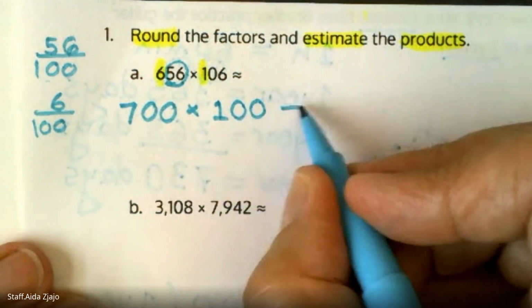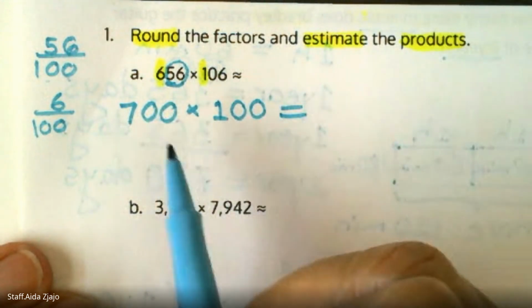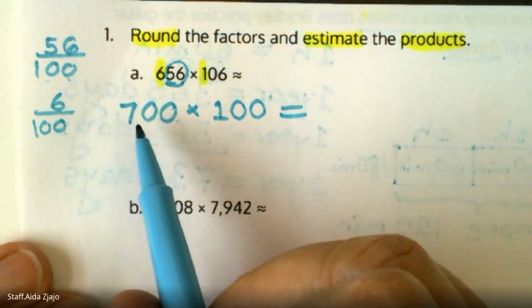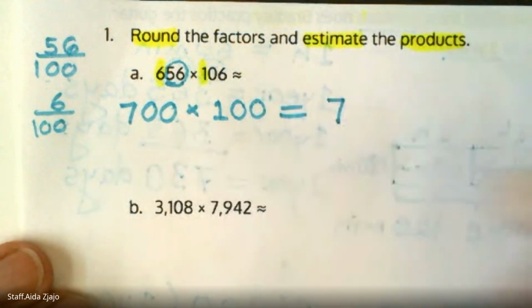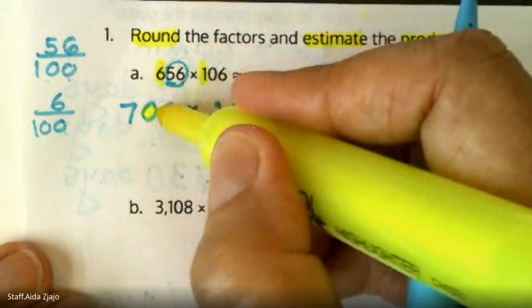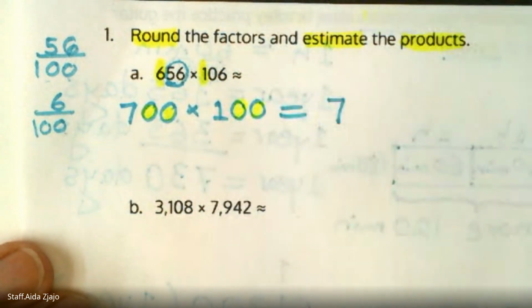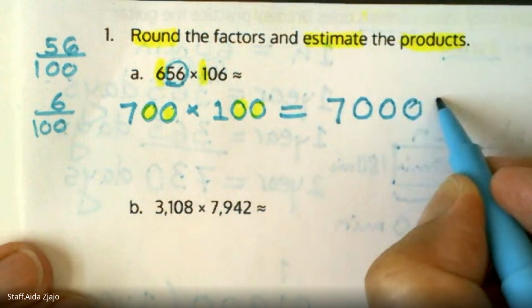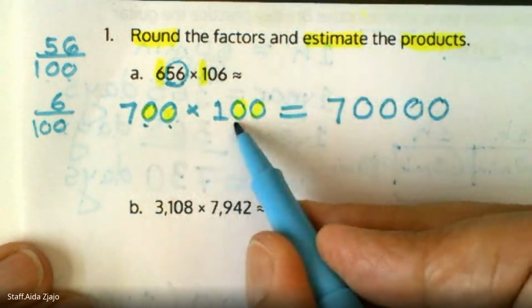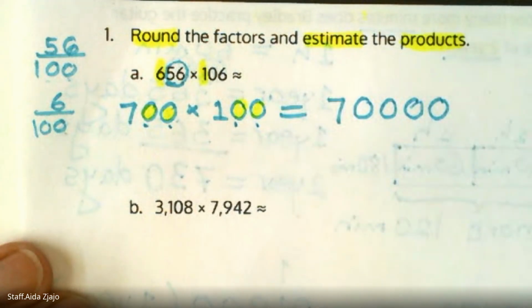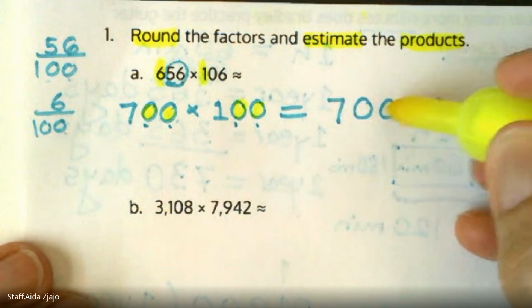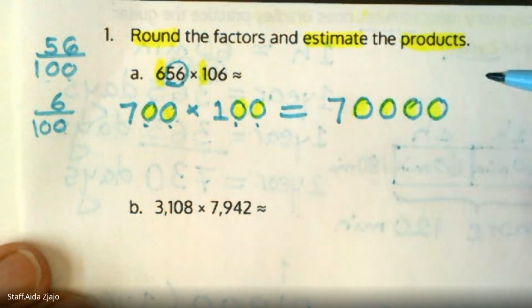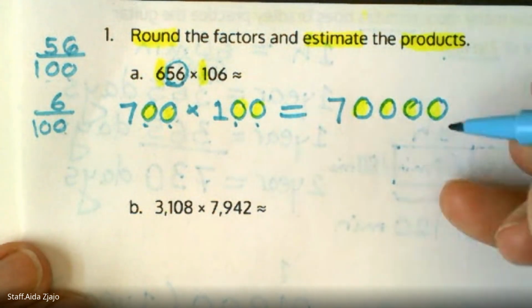So now you can say that it's easy, because that is 700 times 100. You can think of 7 times 1 is 7, and then you have 100 times 100 is 10,000. You can make 1, 2, 3, 4 zeros. So 1, 2, 3, 4 zeros. All the zeros go in the product, and you have now a digit in each place, and you just need to put a comma.